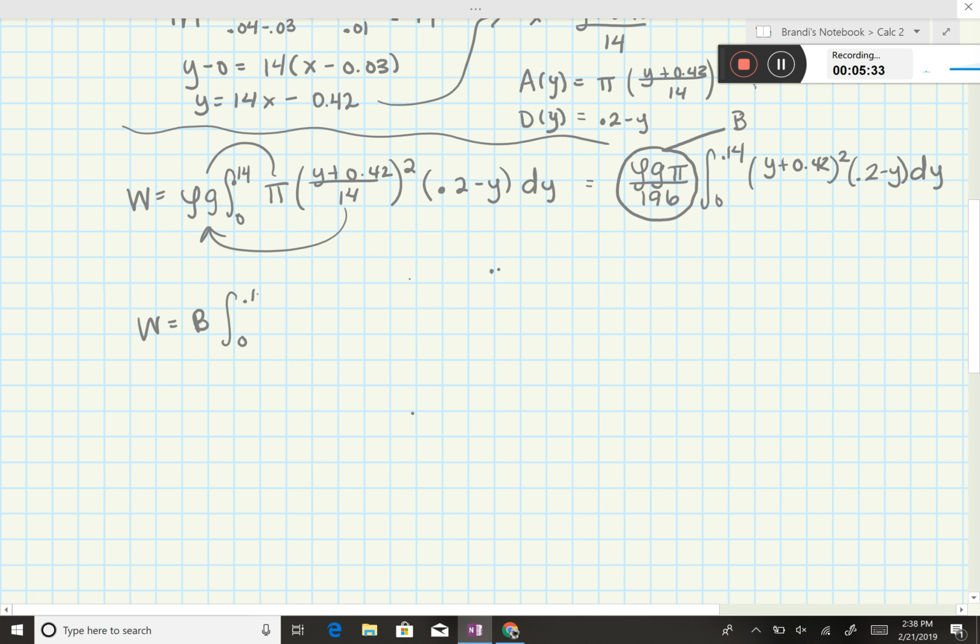From 0 to 0.14, to be able to integrate this, I have to deal with a polynomial, so I'm going to do the perfect square polynomial and then distribute to the 0.2 minus y.